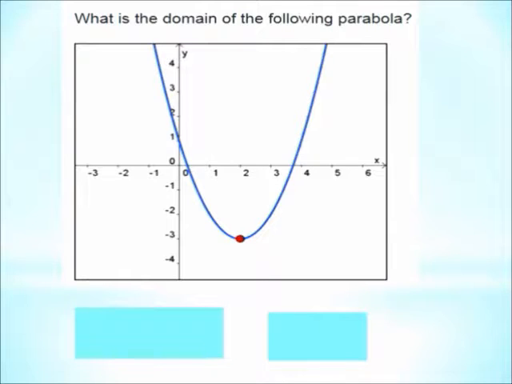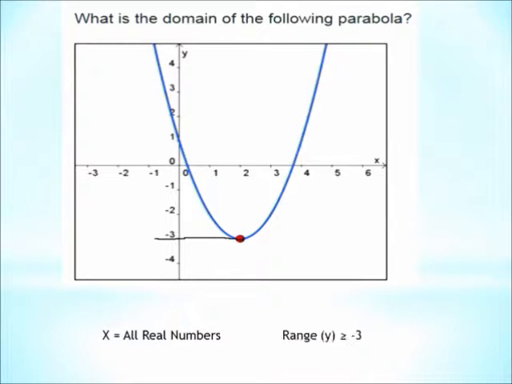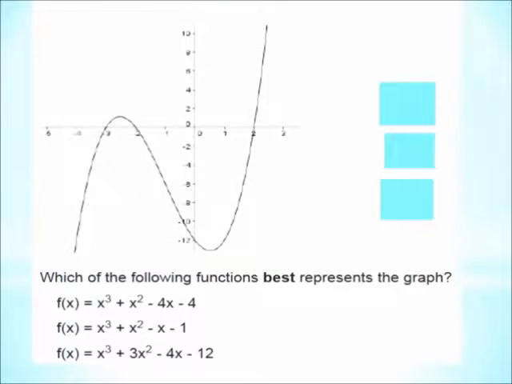So in this particular case, it is all real numbers. Well, I know this problem doesn't ask for the range, but let's look at the range. Range is your y values. So what are your y values? They start at -3 and they go up. So therefore, y must be greater than or equal to -3.